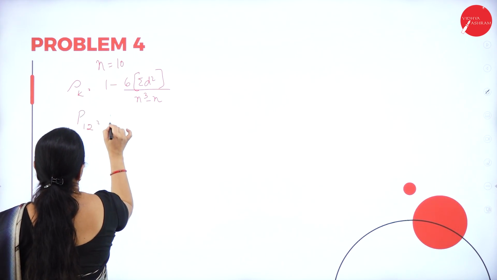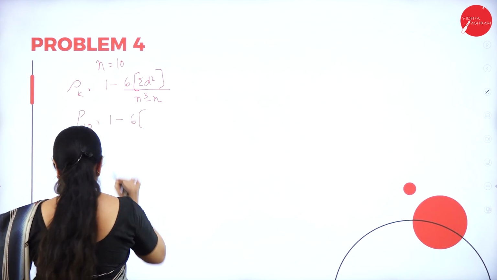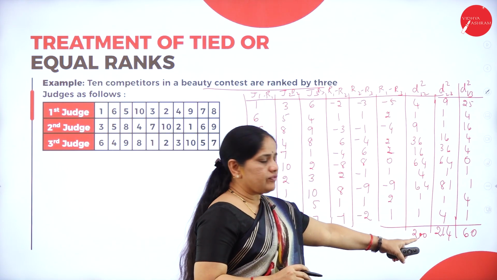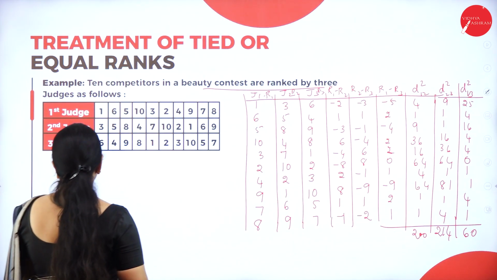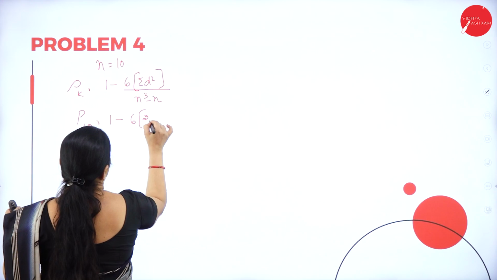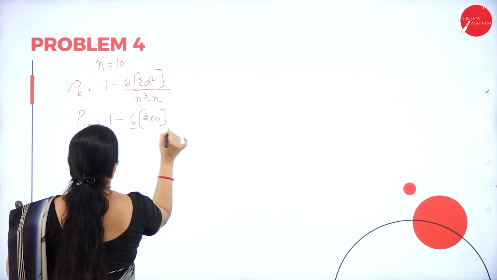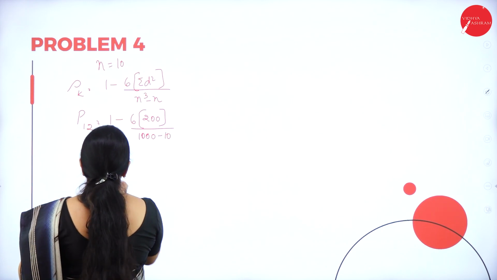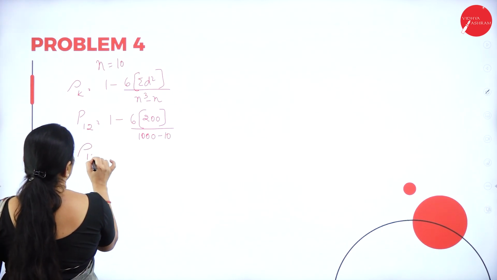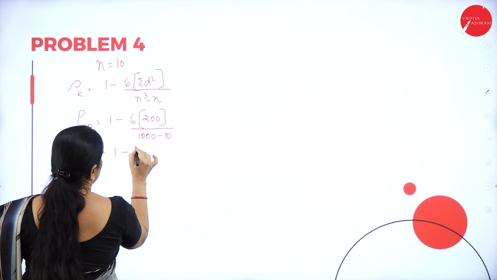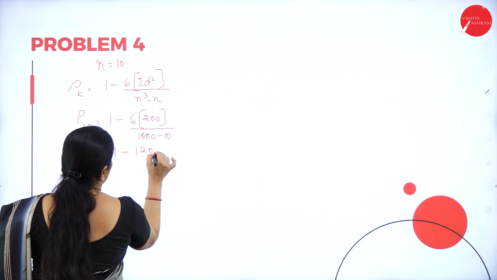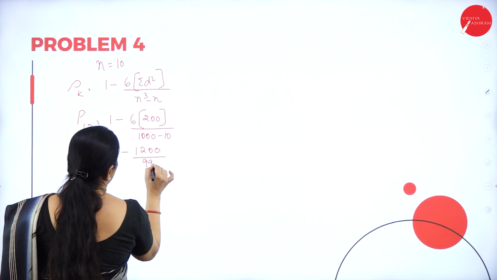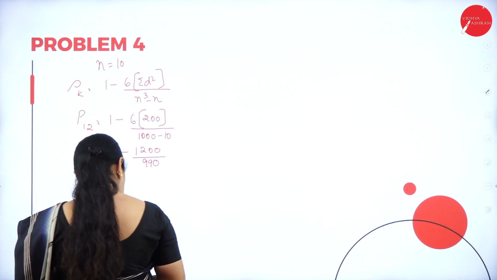So ρ of 1, 2 will be 1 minus 6 into. Now the sigma d square of 1, 2 is 200. 200 divided by 1000 minus 10. So ρ of 1, 2 will be equal to 1 minus 1200 by 990.